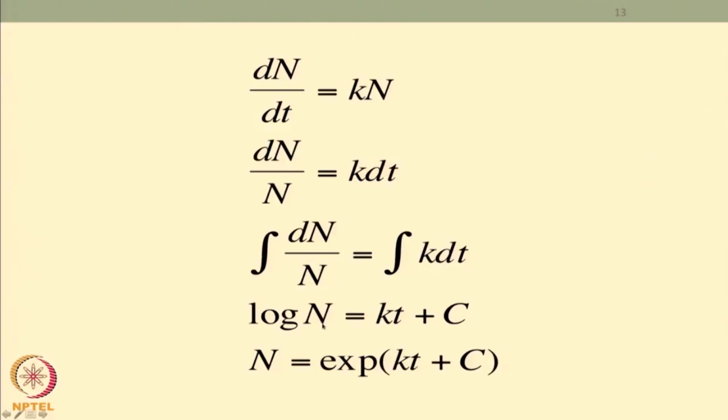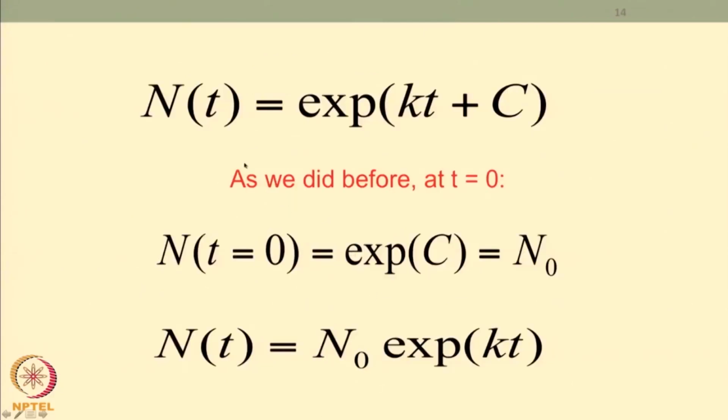The integral of 1 over n is log to the base e of n, and kt plus a constant, which I could write as n equals e power kt plus a constant, which is the exponential function that we have. n of t is e power kt plus c. If I substitute t equal to 0, I would see that n0 is e power c, and I could write n is equal to n0 e power kt. So this is what we have at the end of the day: n is equal to n0 e power kt.